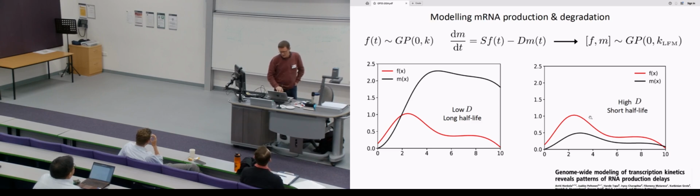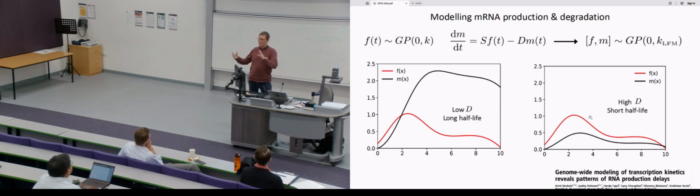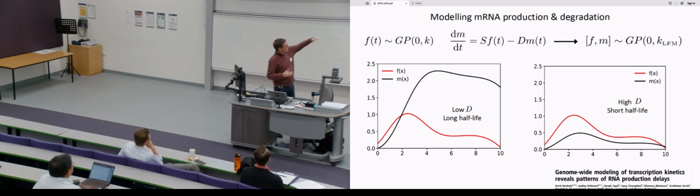Then on the right-hand side, I've ramped up the degradation rate. That means the black line has come down because the degradation is higher. But you can see that the dynamics is more similar to the red one. The peak of the black is closer to the peak of the red in this second one.